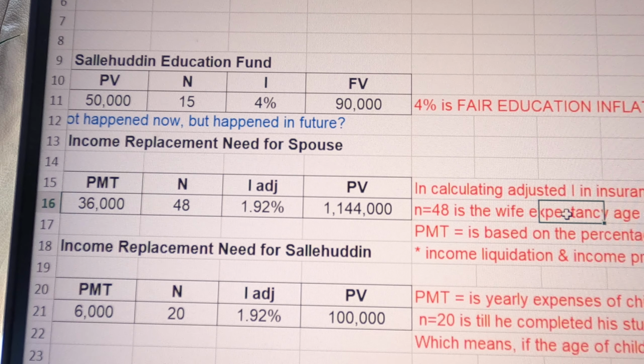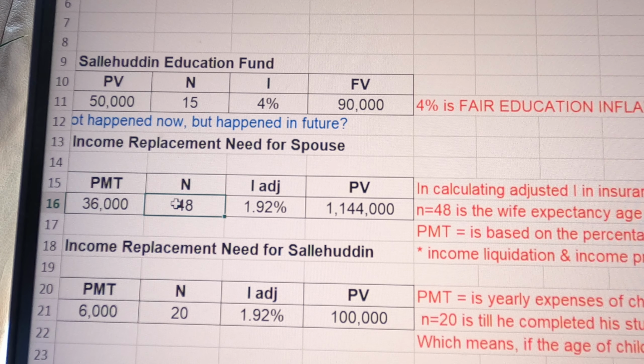So let's say the wife has another 17 years before she reaches retirement, so N is just 17, and you provide justification that, based on the discussion with the client, it was agreed that the calculation of N is the retirement age of the wife minus the current age of the wife. Like that.